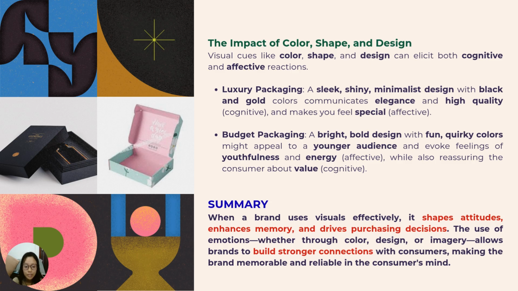That triggers cognition and makes you feel special, which is an affective side, right? And the budget packaging would often go with a bright, bold design with fun, quirky colors. It might appeal to a younger audience and evoke feelings of youthfulness and energy. It is effective while also reassuring the consumer about the value, which is the cognitive.